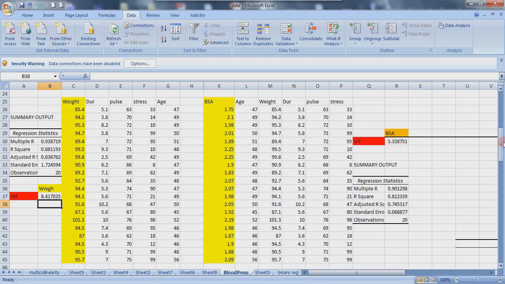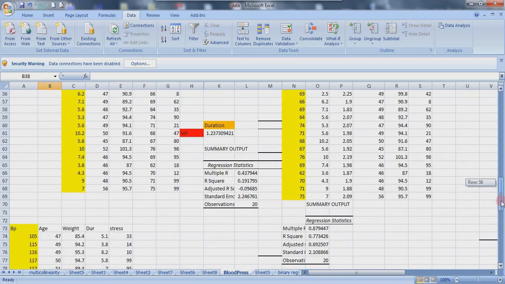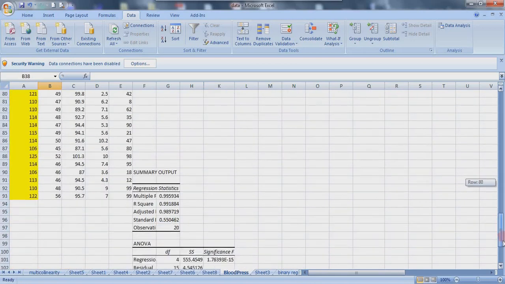So let's just quickly look at the remaining. For duration it is as close to 1. There's no serious multicollinearity. For pulse, the variance is 4 times inflated than what is expected.